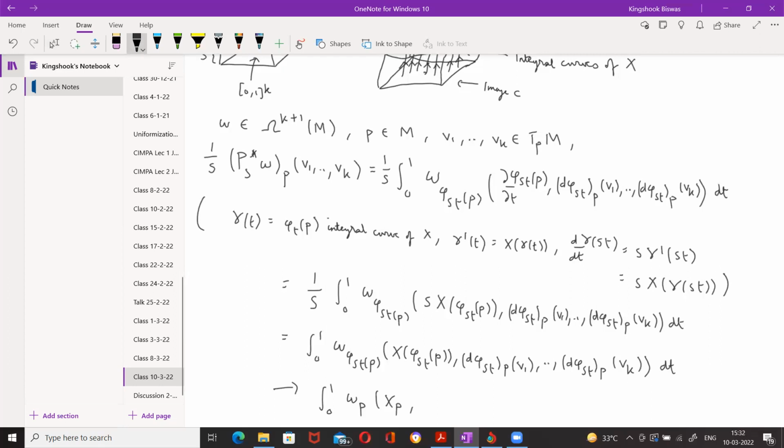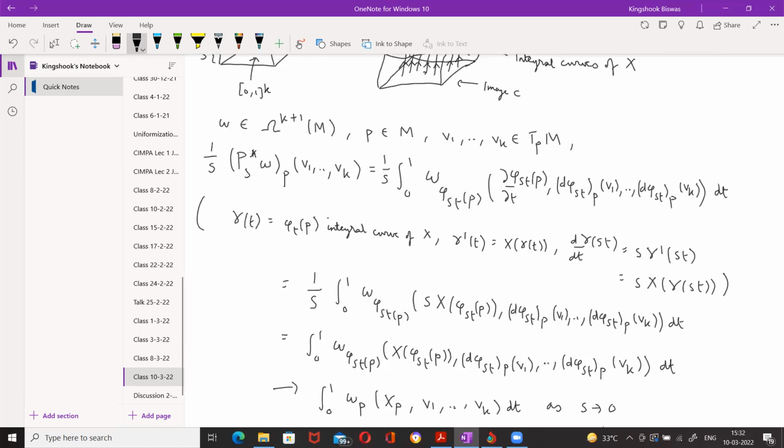In fact, all of the derivatives of the phi t's converge to the derivatives of the identity as t tends to 0. So this d phi st will converge to the derivative of the identity, which is the identity. So this will converge to just v1 up to vk as s tends to 0.